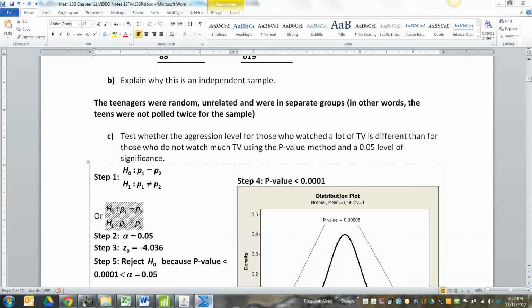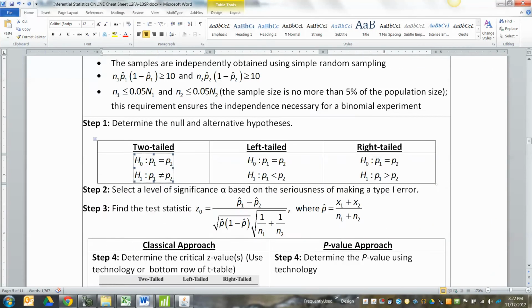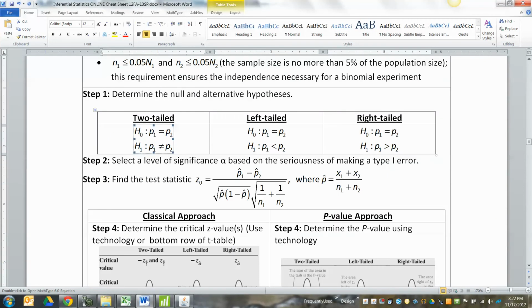Let me finish this out. When I have my hypothesis testing cheat sheet, my inferential statistics, I only write one set of combinations. I write P1 equals P2 and so on. You have to know, or you could put on your other note sheet, that the other option for all of these is P1 minus P2 equal to 0, P1 minus P2 not equal to 0, P1 minus P2 less than 0, and so on.